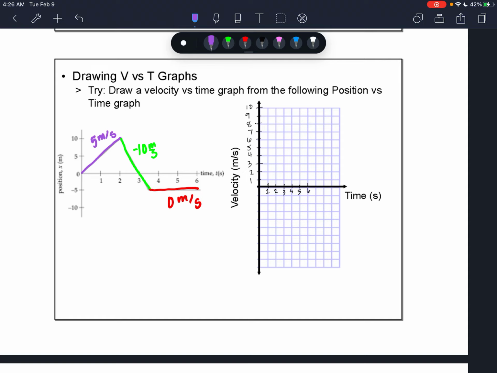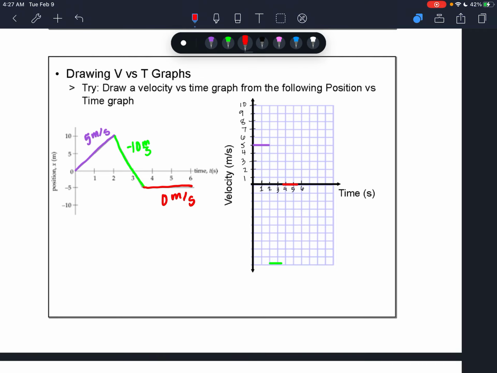That being said, for the first 2 seconds, my velocity was at 5 meters per second. I'm going to plot that like so. For the 2 to 3.5 second window, my velocity is negative 10. So something like that. And then from 3.5 seconds to 6 seconds, my velocity is at 0.